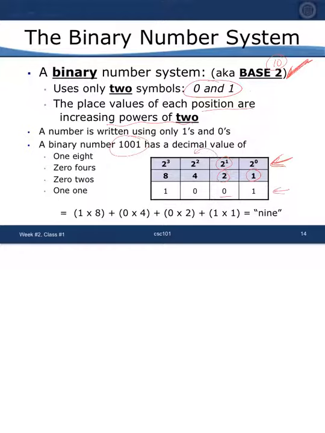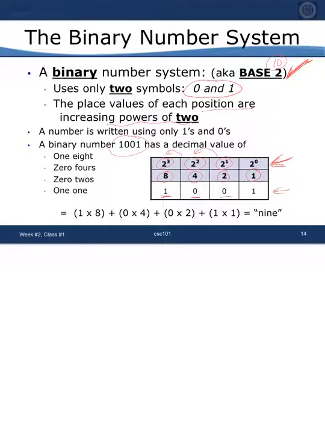Okay, I go to the next place value, and now that's 2 squared, or we would call that 4. So this 0 that's here is in the 4's place value, or in other words, it's how many 4's do I have. And then lastly, the next place value is 2 cubed, which of course in our world is 8. And so the digit that's there is worth 8.